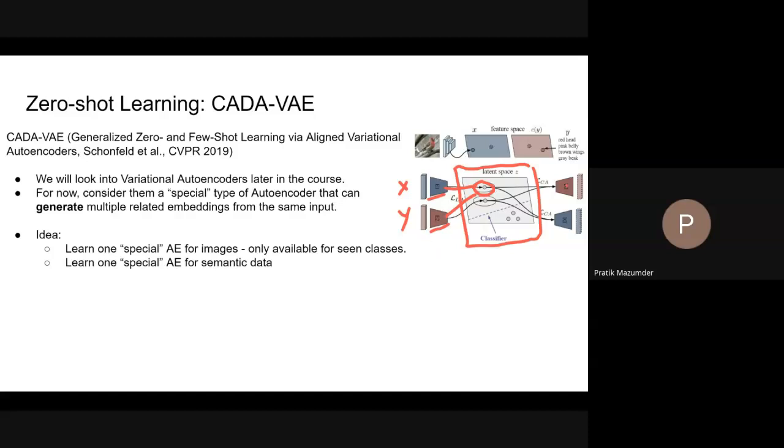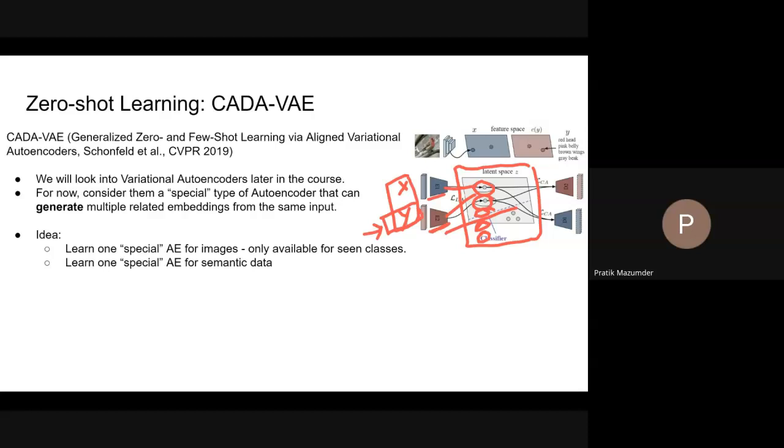And if you can do that, what CADA-VAE does at the end is, once you have learned this particular setup, since for the seen classes you have both x and y, but for unseen classes you only have y, you take the y's of the seen and unseen classes, pass them through your encoder, and get some representation over here. You create multiple copies of the features of each of these classes, and learn a classifier for the given classes using the embeddings generated by the semantic input.